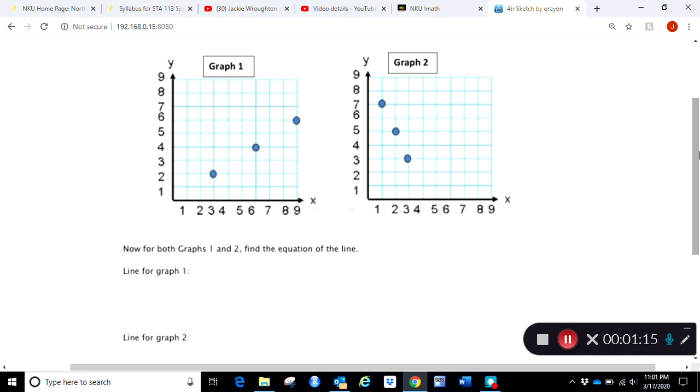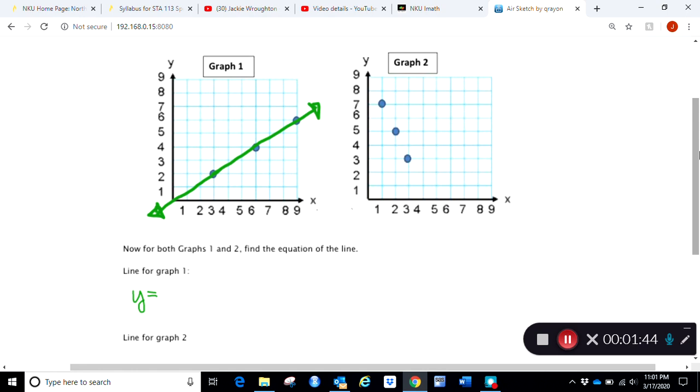Now that hopefully you've tried coming up with these equations on your own, hopefully your line on this first graph would have looked something like that. That would have connected all of these points together. Again, trying to do some review type stuff from an algebra class. So we would need to find the slope and the intercept.